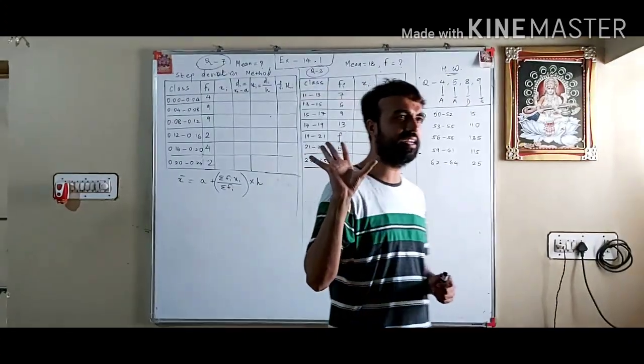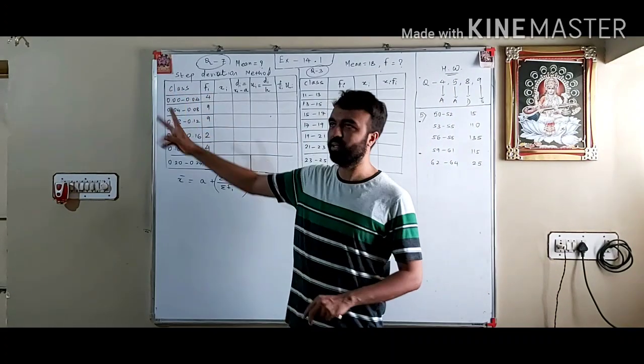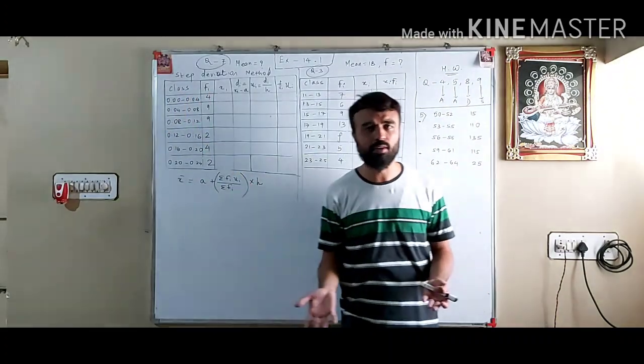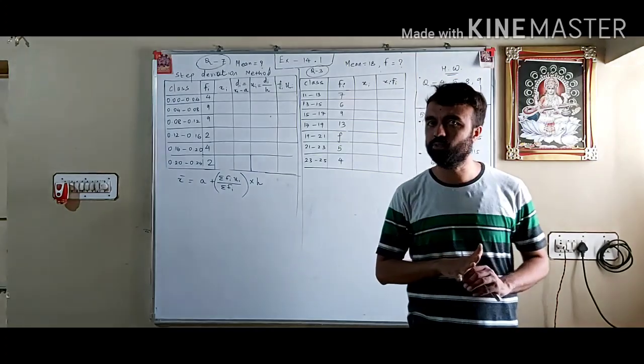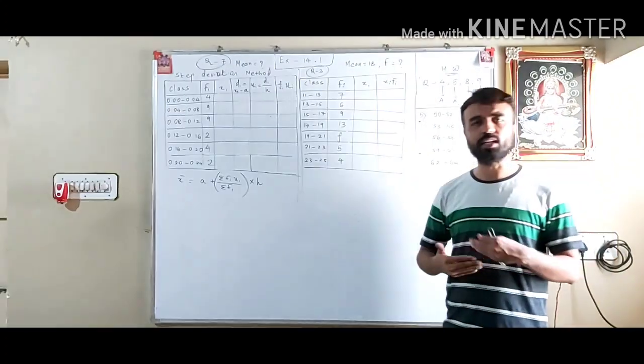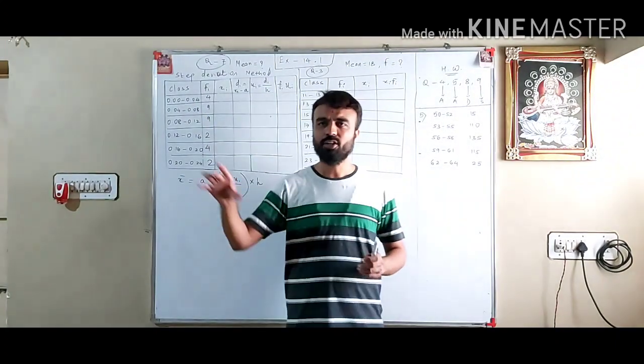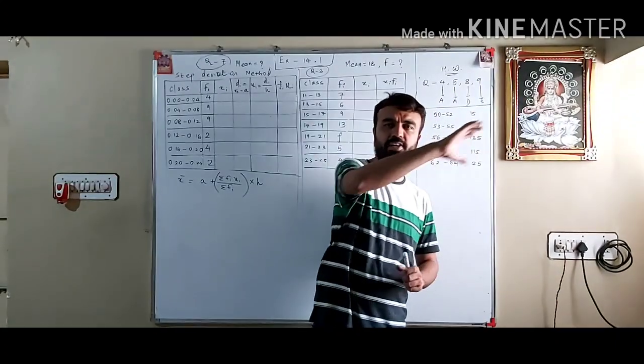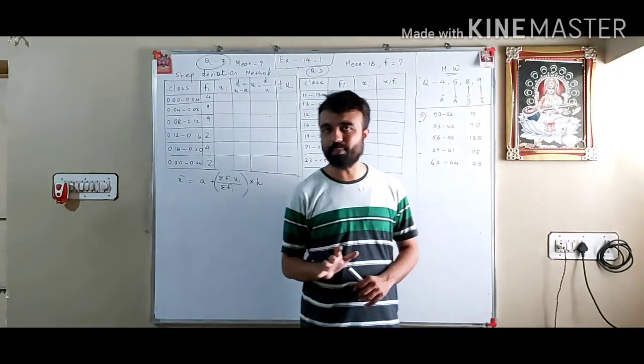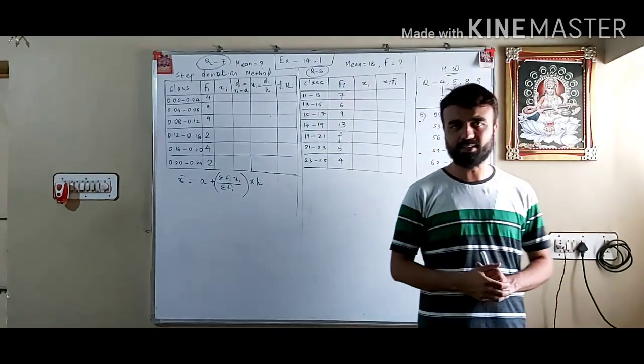So I have started the solution directly, because the two columns are always the same. No need to write it two times. In your examination, in your notebook, you can also do the same thing. You can directly start the answer. No need to first draw the question table and then the answer table separately. You can directly go for the answer table.